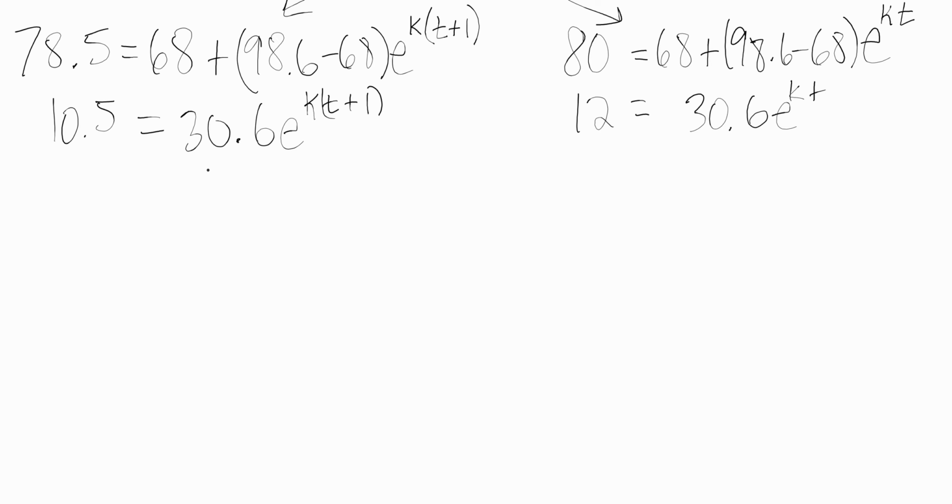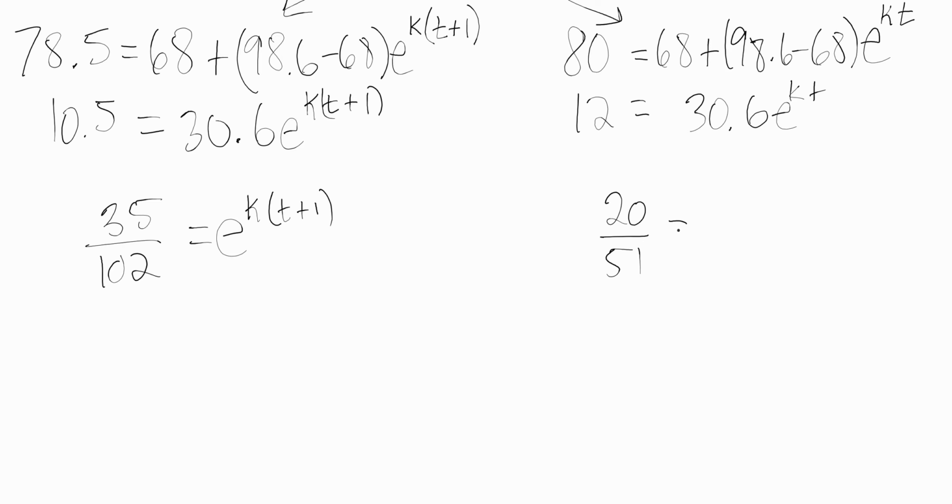You can check this simplification, but if we divide this side by 30.6 and this side by 30.6, and we don't want to have to carry a lot of decimals inside of fractions, that division is going to simplify to 35 over 102, e to the kt plus 1. And then over here, a very similar kind of simplification, but this time it's going to end up as 20 over 51 is equal to e to the kt.